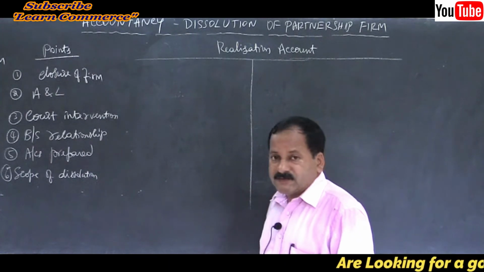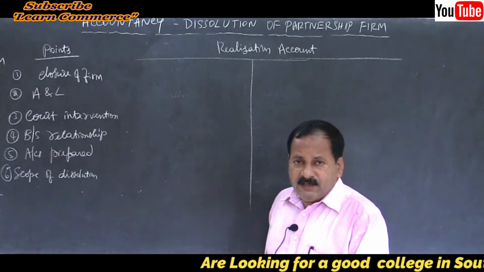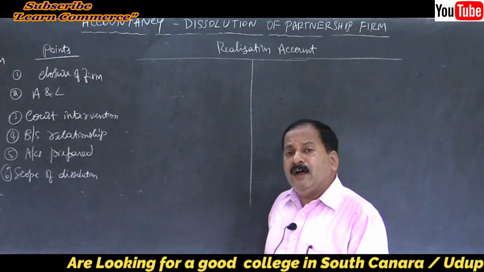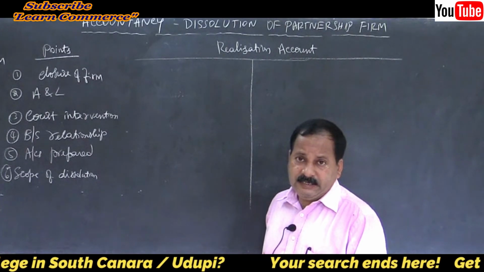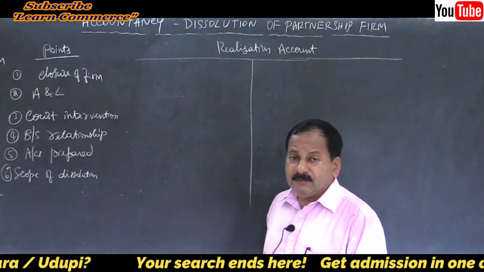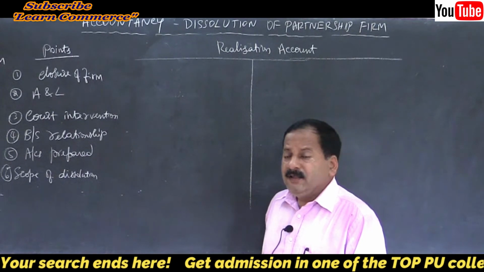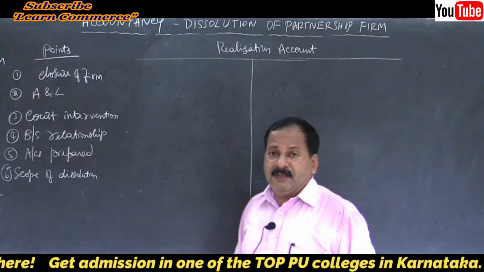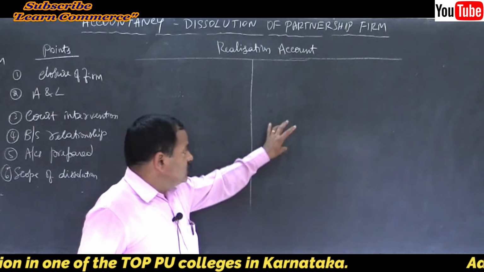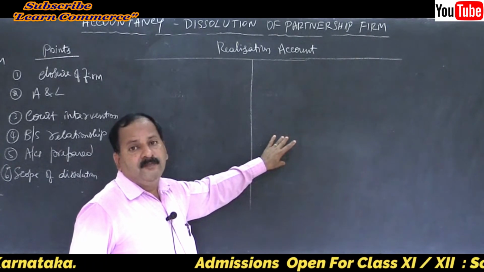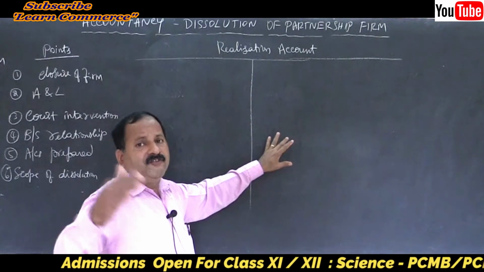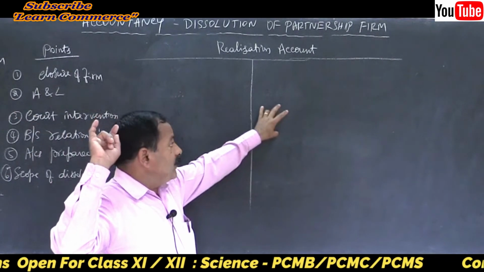Realization expenses. Then any asset taken over by a partner. Any asset taken over by a partner, what you will do is you will record the partner's name here. While selling the asset, you will not record it there as being sold. Suppose furniture is taken over by Mr. A. You will not record it here.